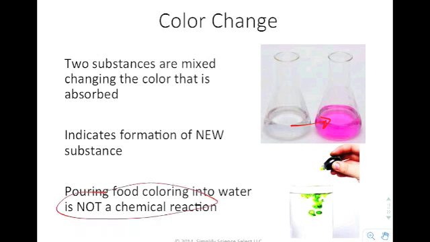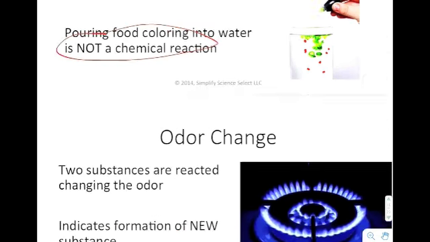All you did was have some colored molecules that somehow fit in there and make the water appear to be green. But you can actually kind of reverse that process. It takes a lot to do, but you can actually distill out the color from food colored water and you can get just the clear water back again. So just because it has a color change does not mean it's a chemical change. You have to once again weigh the evidence in total.